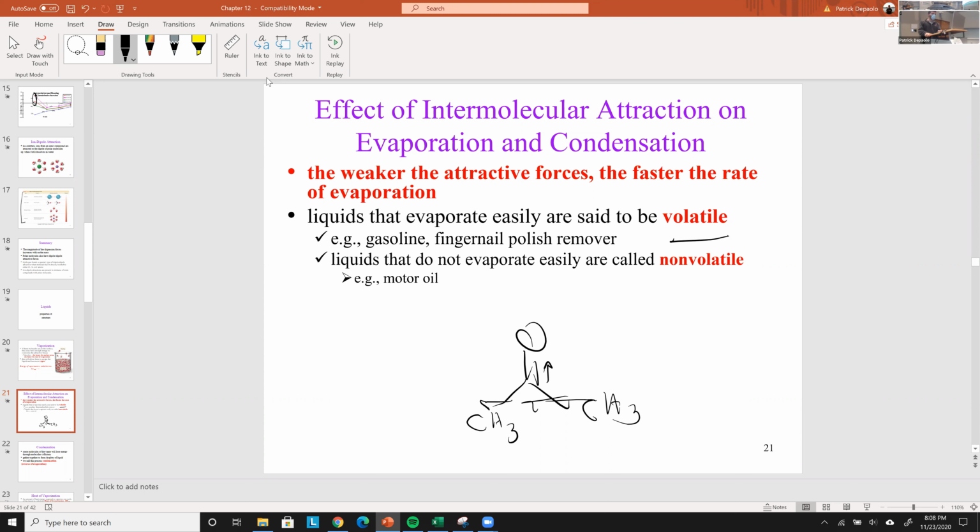Something that does not evaporate easily, we call non-volatile. So volatile means it enters the air quickly. That's not good because it becomes a gas. And that's why in organic chemistry, as opposed to the Gen Chem labs, you're always doing your work under a fume hood.